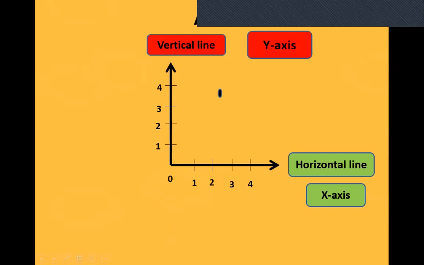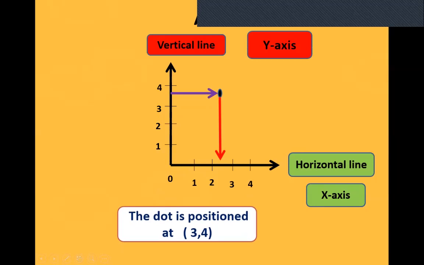Now you can see a dot and you have to guess the position of that dot. So this dot is positioned at 3 from the x-axis and 4 from the y-axis. So the dot is positioned at 3, 4.